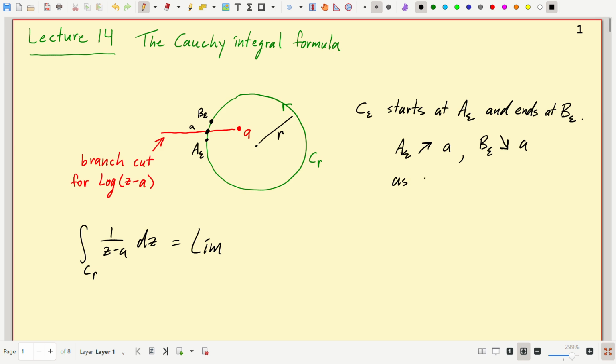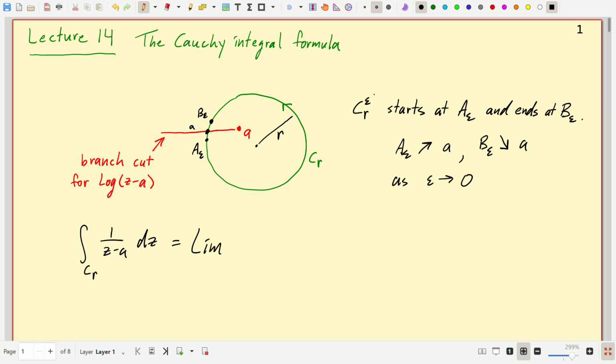And so I'll let C_r super epsilon start at a epsilon, go around counterclockwise, and end at b epsilon.